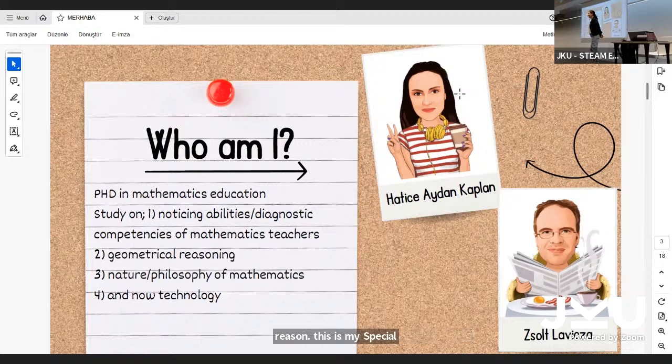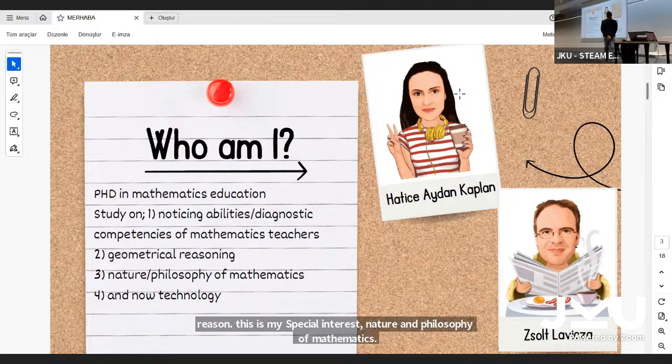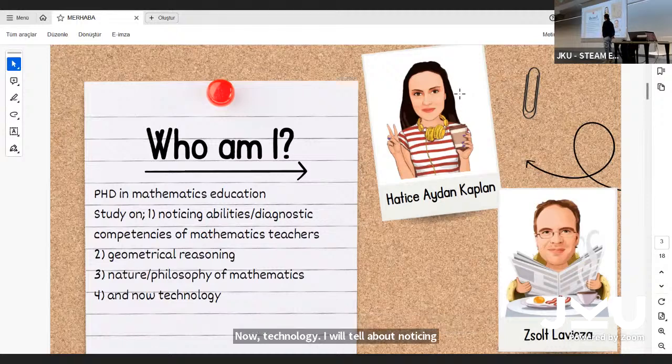Now, technology. I will tell about noticing abilities later, but I will say that I used diagnostic competency for these abilities. Noticing is about teacher abilities to understand students' thinking.